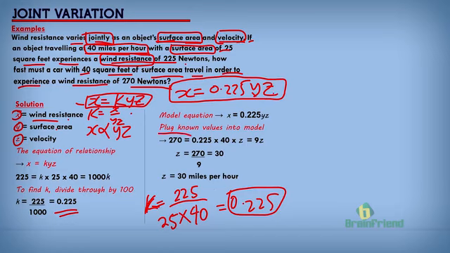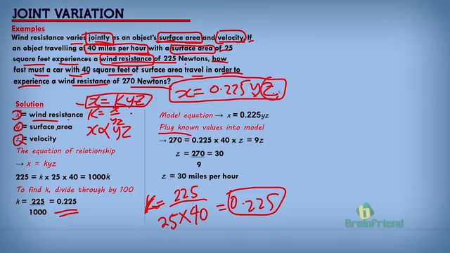Plug in the known values into that model. What are the known values? Let's check out the second set of values given to us in the question. We said, how fast must a car go? How fast? That's the velocity, z. So that's our unknown.